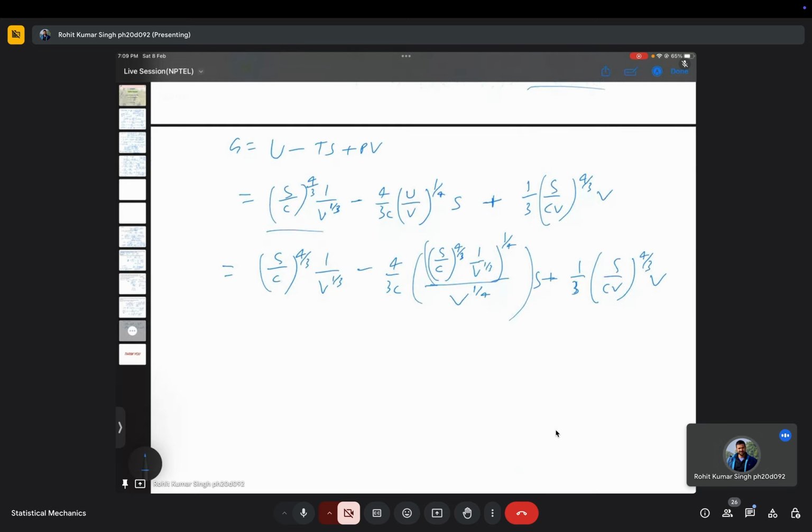Let's simplify the second term. So 4 by 3c.